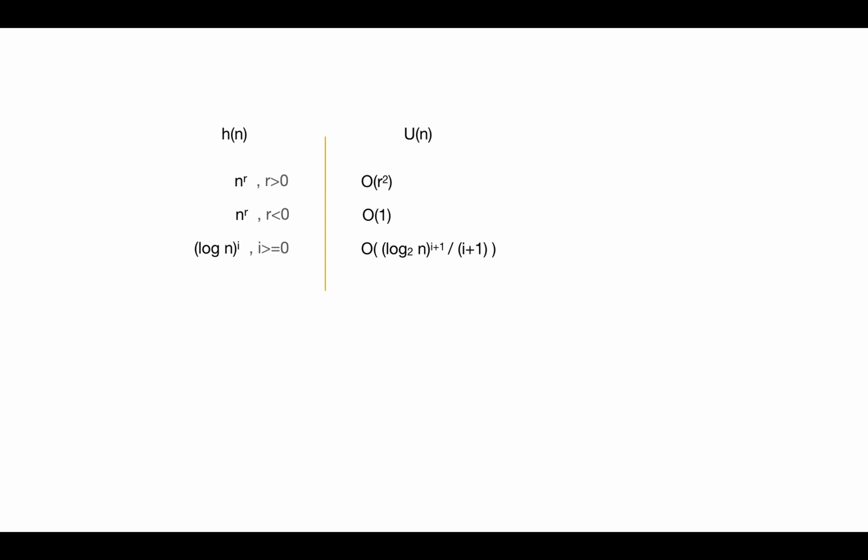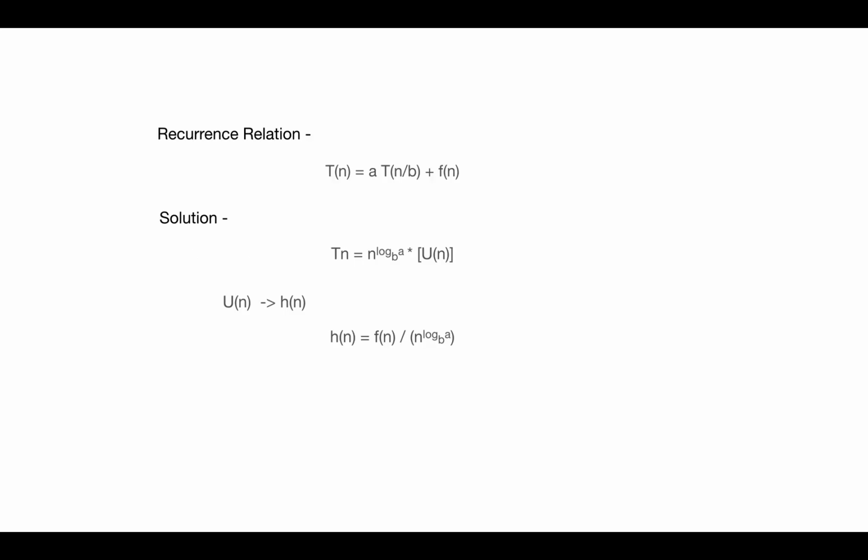Now let's try this theorem with an example. Let's say the recurrence relation we are given is T(n) = 16T(n/2) + n^2. After applying the Master's theorem, the value of T(n) is n^(log_2 16) times u(n). Here we have to calculate u(n), which we get by first getting h(n).